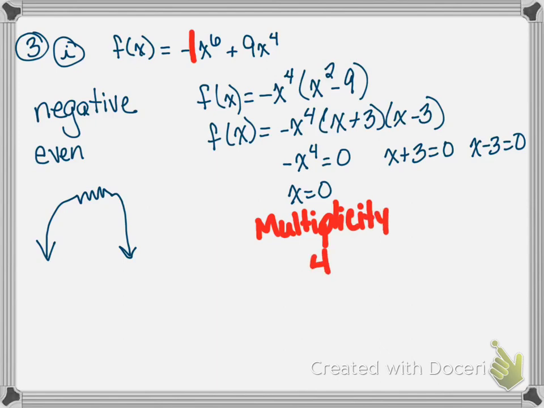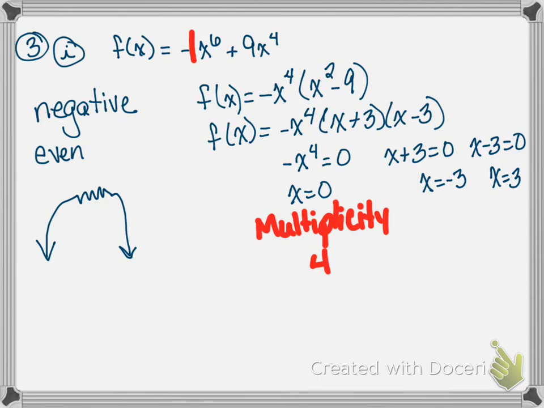That's going to be important when we do our graph. x plus 3 equals 0 means x equals -3, x minus 3 equals 0 means x equals +3. Now, -3 and +3 just have a multiplicity of 1. It's this x equals 0 with a multiplicity of 4 that we really need to focus on, okay?